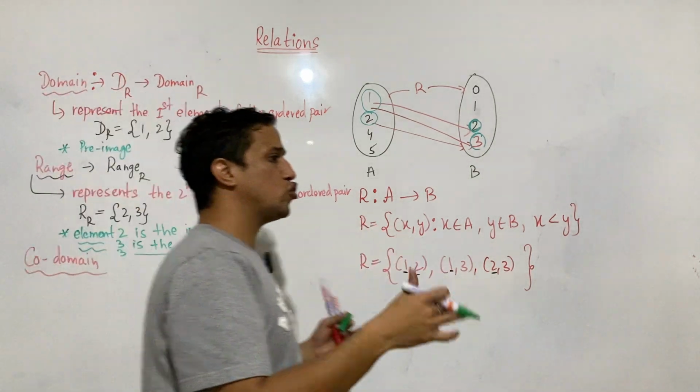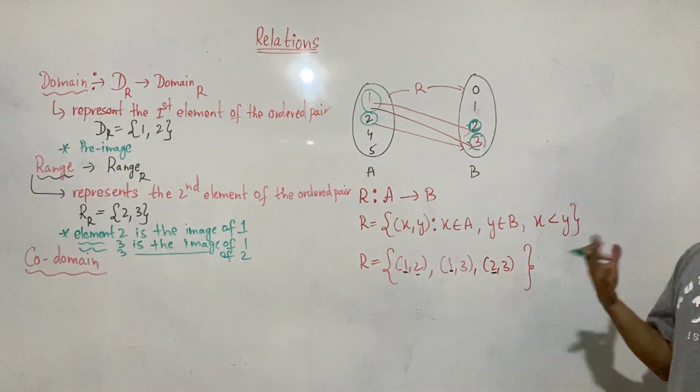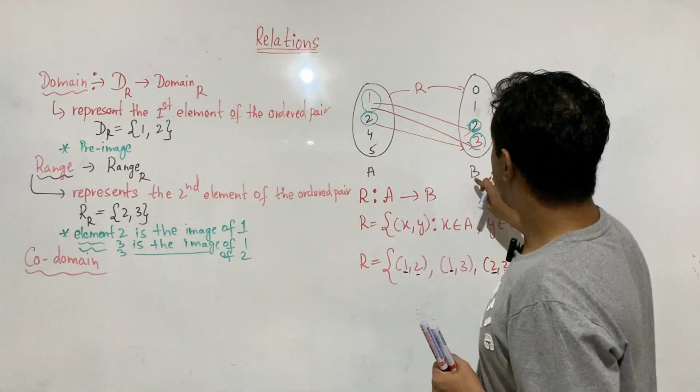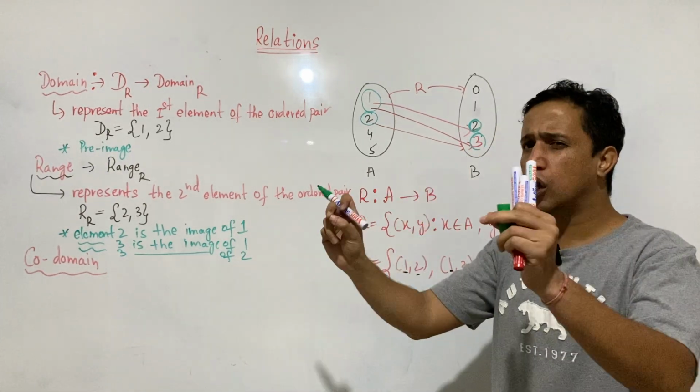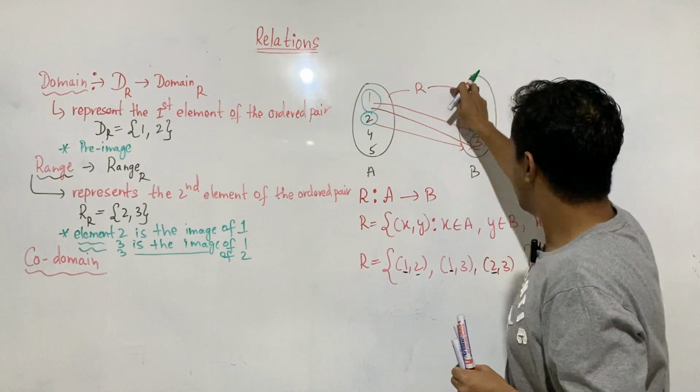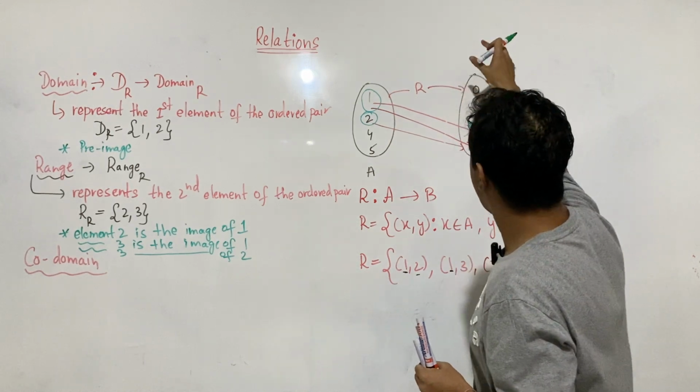Then codomain. Codomain is very simple. Codomain contains the whole set of elements.